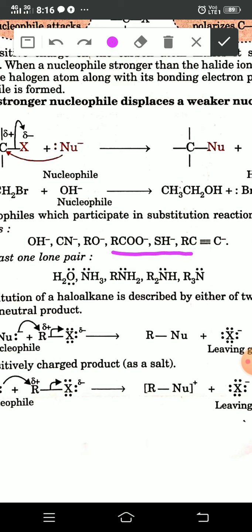These all are nucleophiles. They bear a negative charge, negative charge bearing nucleophiles, and they bear an electron pair.